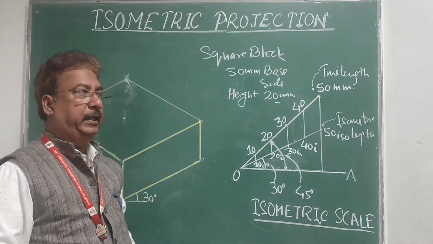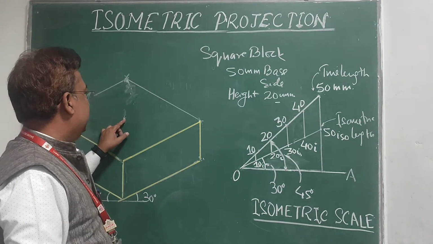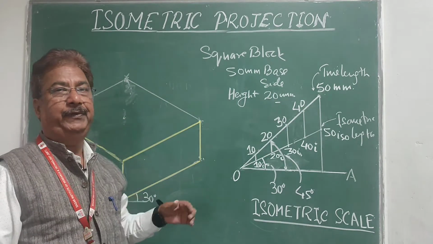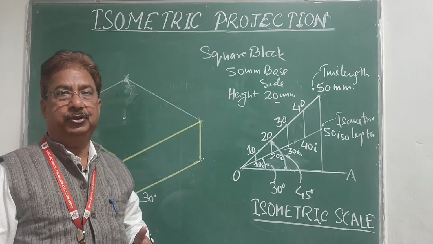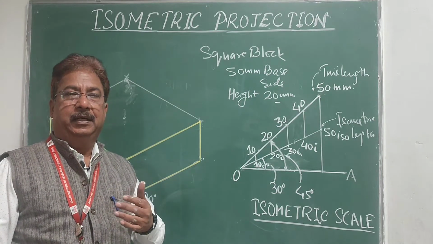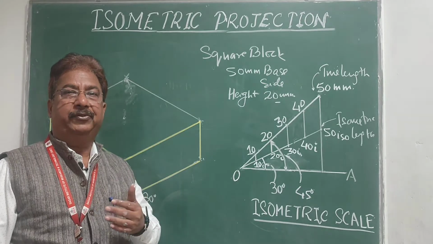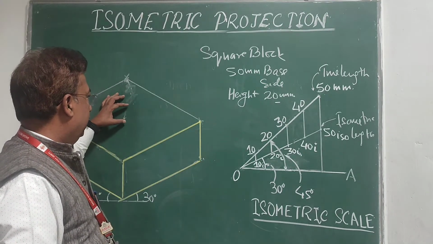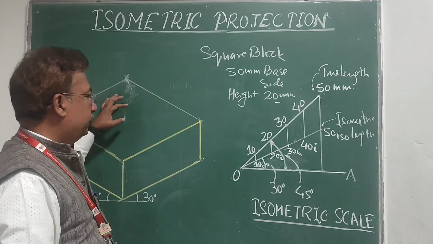Now as you know, a sphere will be kept touching this corner in the orthographic projection, but when we draw it in the isometric projection, as the overall look will be a 3D object, the sphere will look like it is coming a little lower than this point.